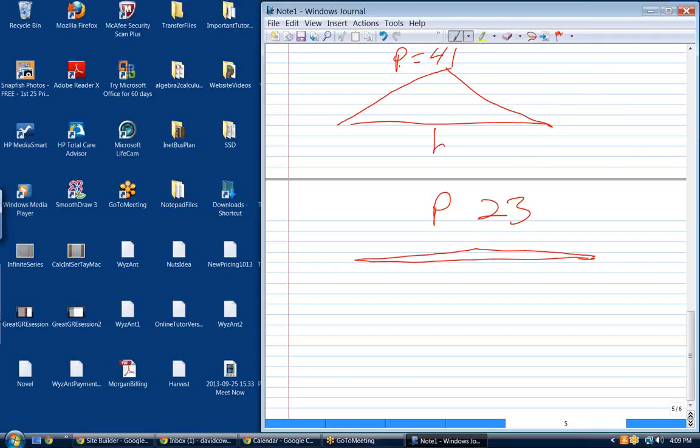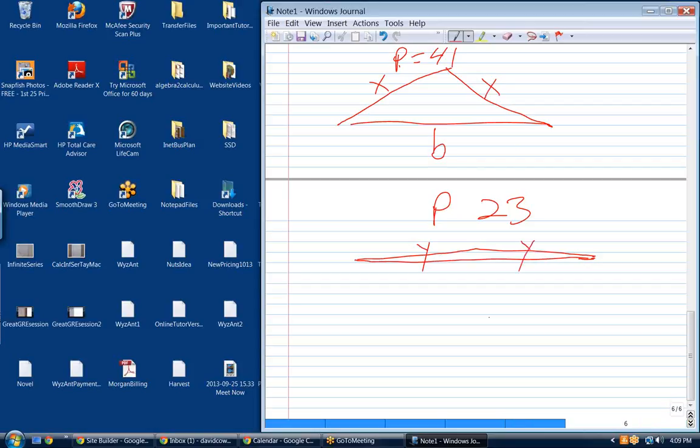So this is the base length. We'll call this side B. What should we call this one over here? In fact, let's call this X. Let's call this Y. What's this side over here? X also, because it's isosceles.